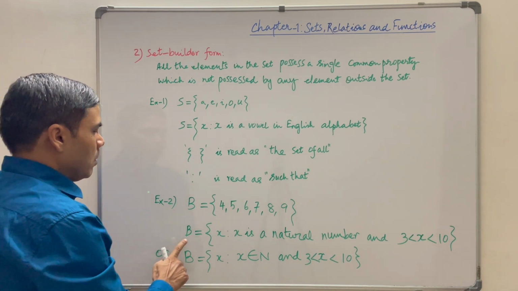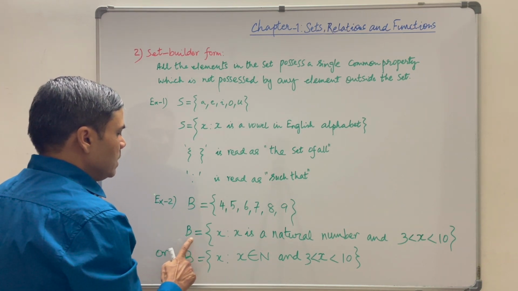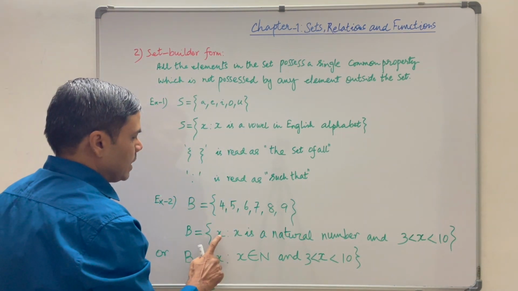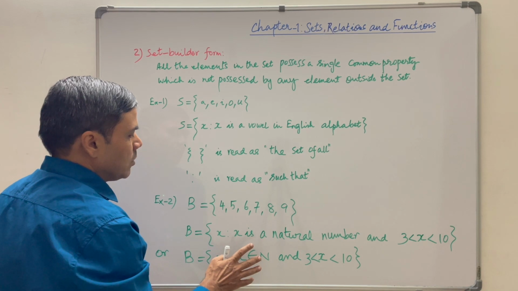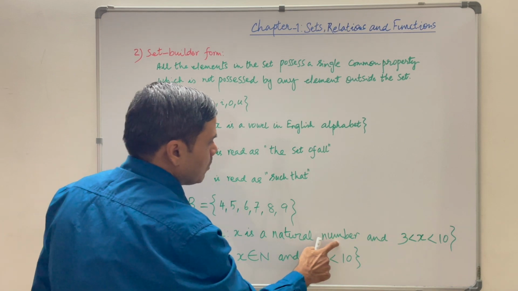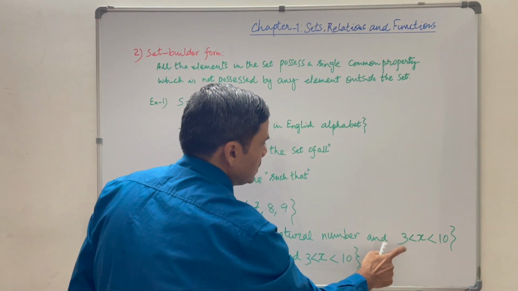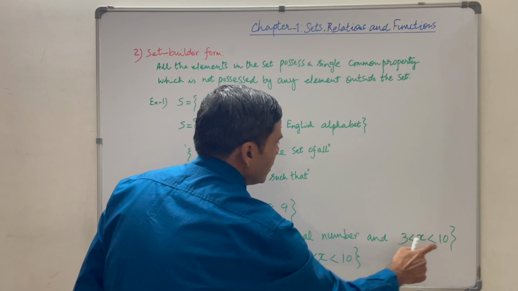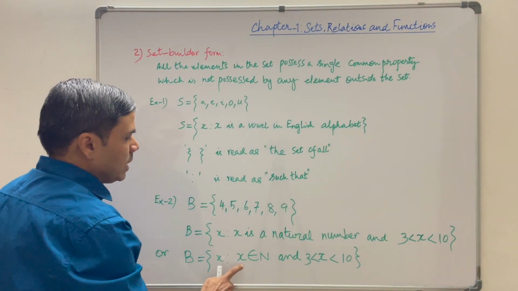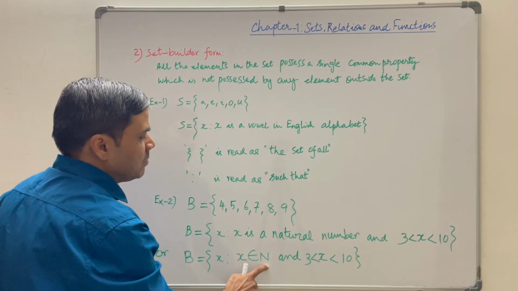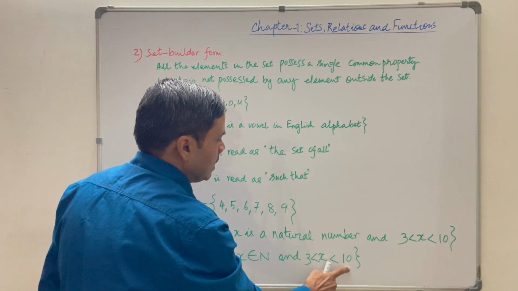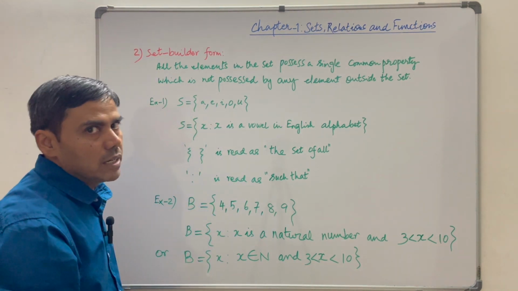So in set builder form, we can write set B is equal to, under curly braces, X colon, where X is an element and X is a natural number, and X lies between 3 and 10, boundaries not included. Or B is equal to X colon X belongs to capital N, which is the natural number set, and X lies between 3 and 10, where 3 and 10 are not included.